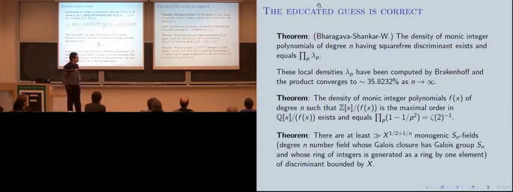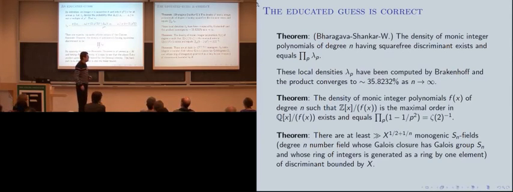Okay, and then finally on the matter of monogenic Sn fields, we were able to prove that there's some constant times x to the 1/2 plus 1 over n of these monogenic Sn fields of discriminant bounded by x. So degree n number fields with Galois group Sn in the Galois closure, and whose ring of integers is generated by one element. I'll be talking more about the first theorem, and then the second theorem will follow from the proof quite immediately.